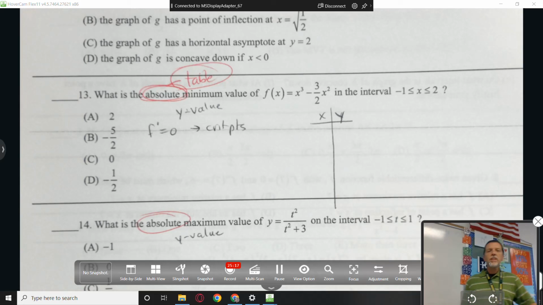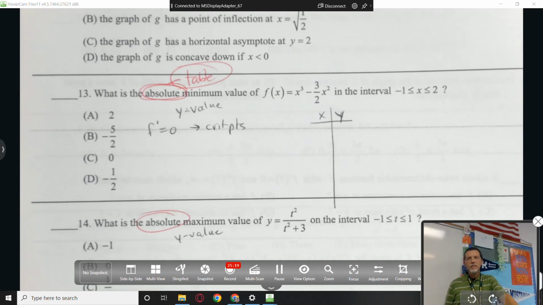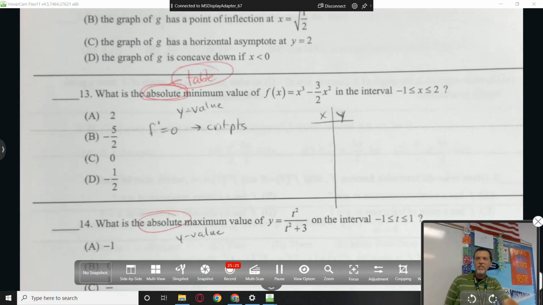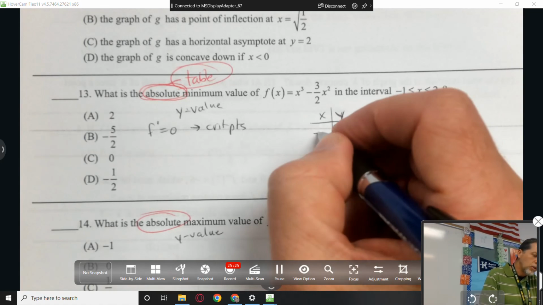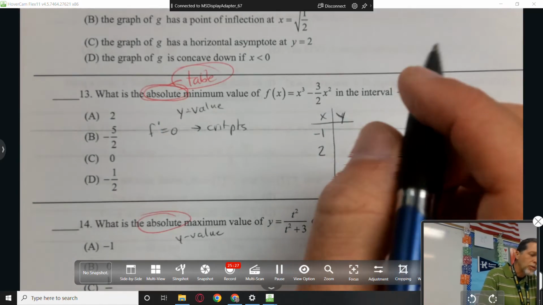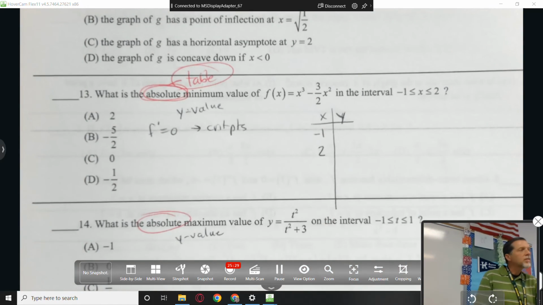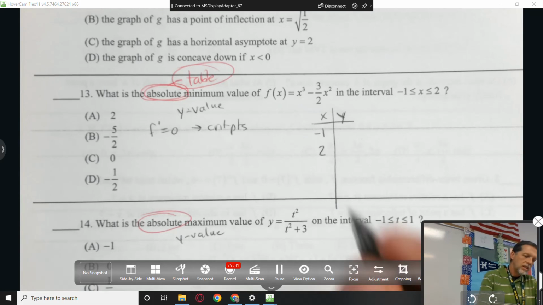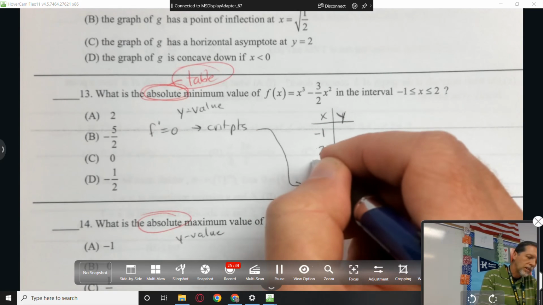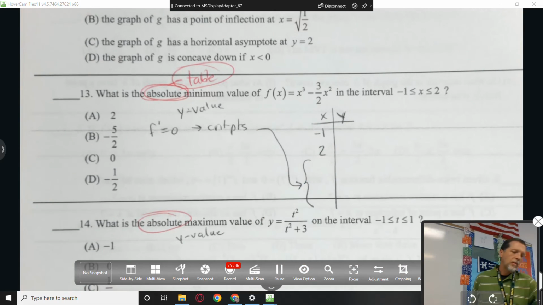What goes in the table? X values. Which X values? Negative 1 and 2, the endpoints. That's why we have to do a table. And then what else? Yeah, whatever critical points there are. We don't have to actually work the problem to figure that out.